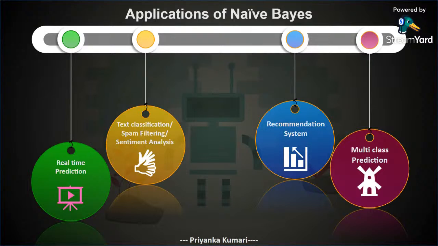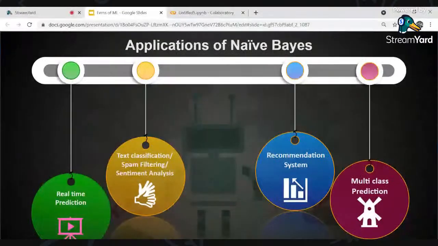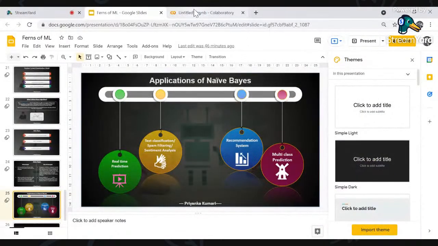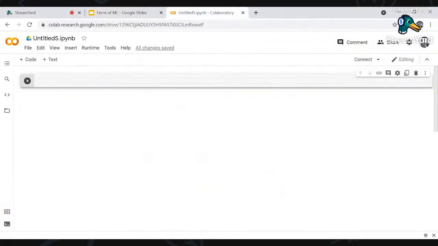Now let us work on the hands-on project on decision tree. The hands-on project will be to classify the iris species. To classify the iris species, we will be using the decision tree algorithm.